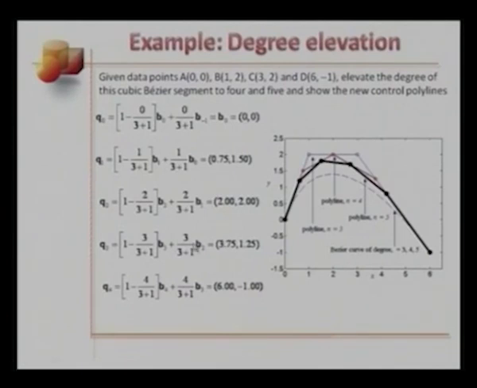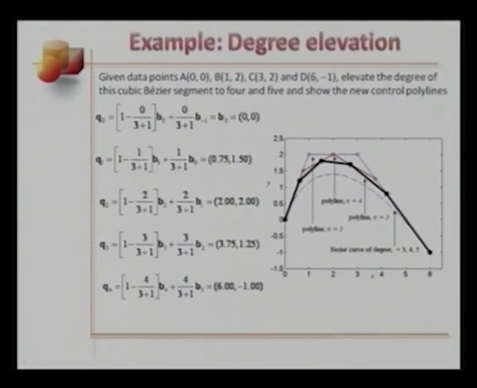Likewise, using these Qs, I can raise the degree of this Bezier curve by 1 again. I'll have 6 data points, and those data points will be shown by the control polyline in black here. 1, 2, 3, 4, 5, and 6.